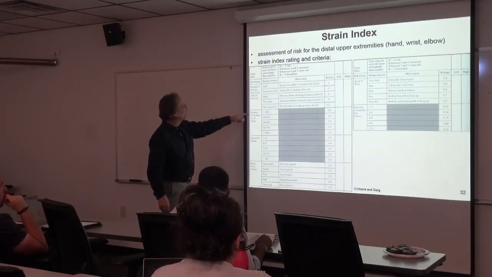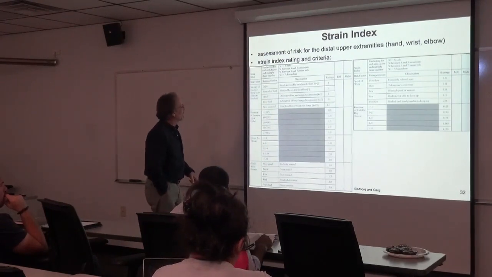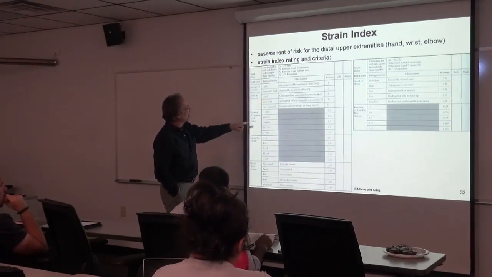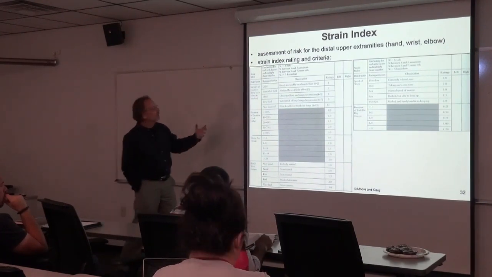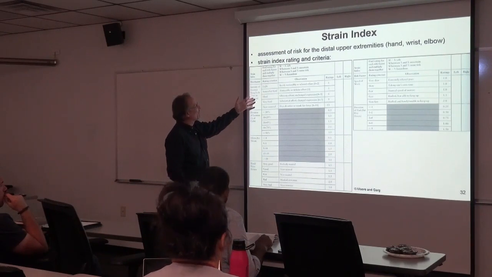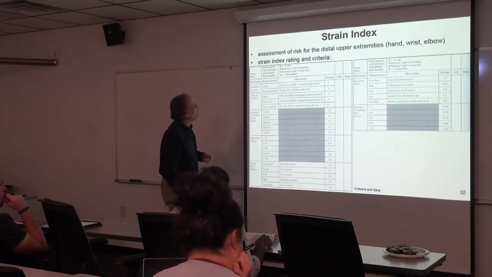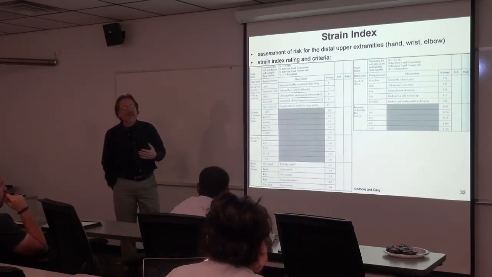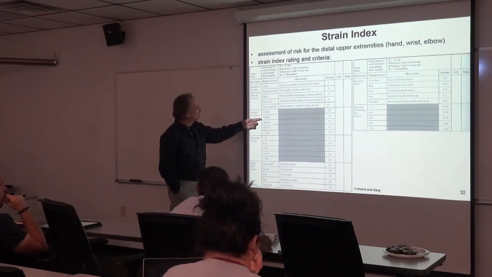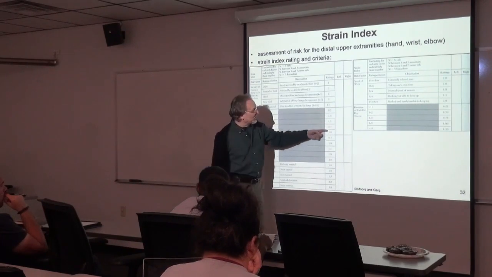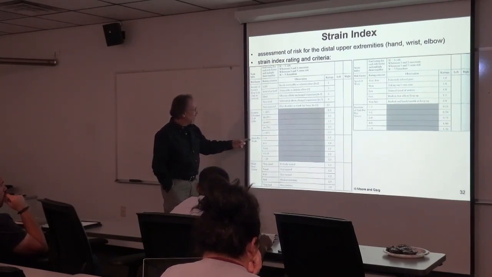Then you find the duration of exertion, percent of the cycle. Okay? So if I exert this 25% or whatever duration, how much of my cycle am I exerting that maximum force? And you try to estimate that, 10%, and then you get the score. Efforts per minute.